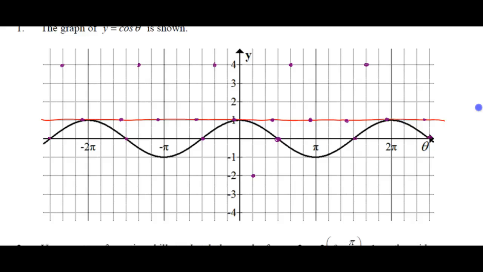Okay, and I've got this. This was this maximum, so how far apart are the maximums? They're pi apart. They used to be 2 pi apart, but we got that horizontal stretch.